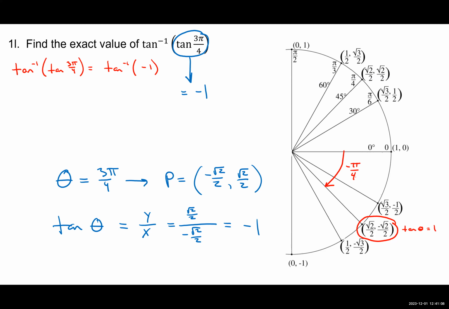Negative pi over 4. Again, it's helpful, I think, to write the tangent values next to each point. So then you've got the sine, the cosine, and the tangent. This is cosine, this is sine, this is tangent. All right, so you got all three.